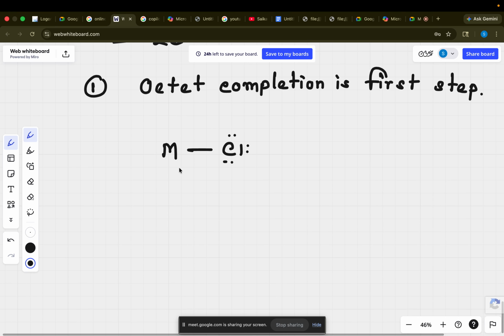Now see, when it becomes bridging, this lone pair can donate to the other metal center. This lone pair can also donate to another metal center, and this lone pair also can donate to another metal center.